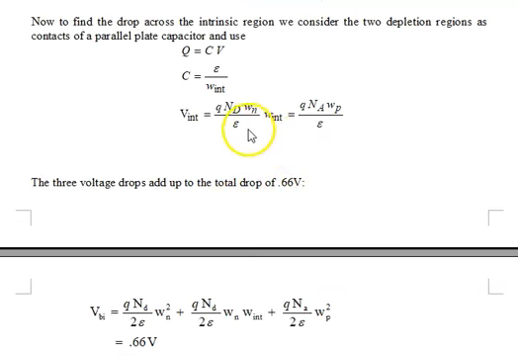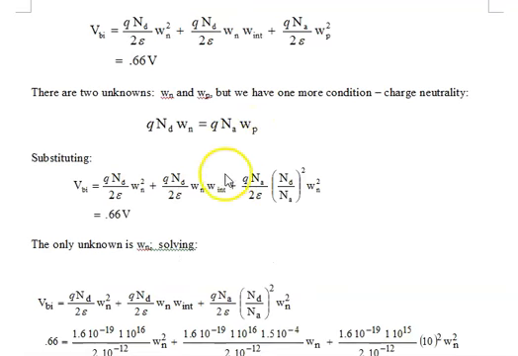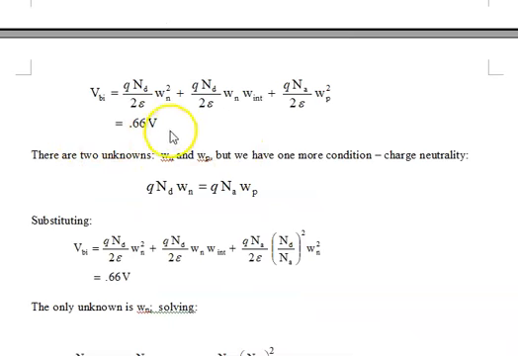We just basically say this is the drop across the intrinsic region, and it's right here. This is the drop across the N region. This is the drop across the intrinsic region, and this is the drop across the P region.